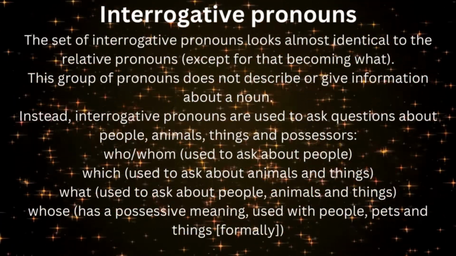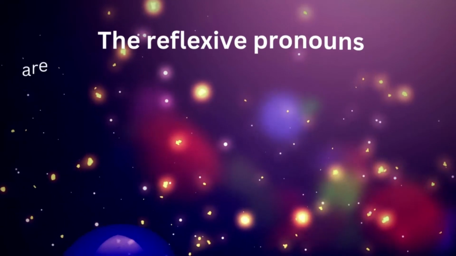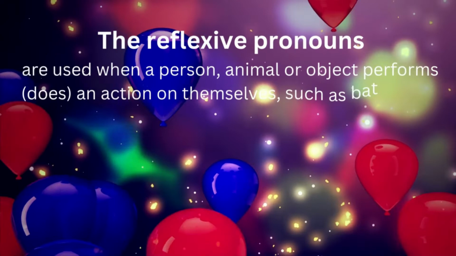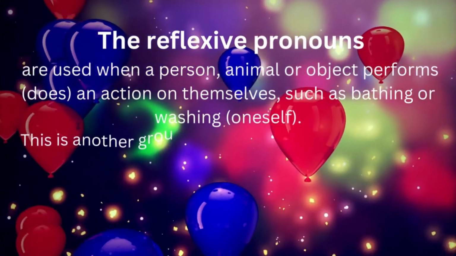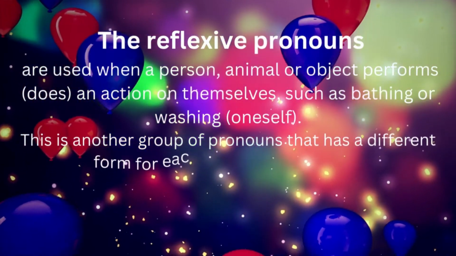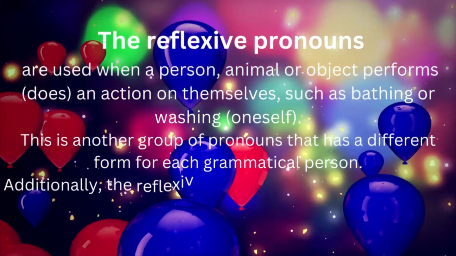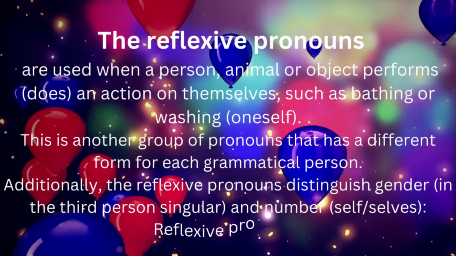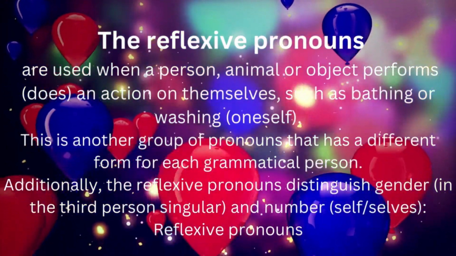Number 7 type of pronoun is reflexive pronoun. If you know it already, you should revise it now. The reflexive pronouns are used when a person, animal, or object performs an action on themselves, such as bathing or washing.